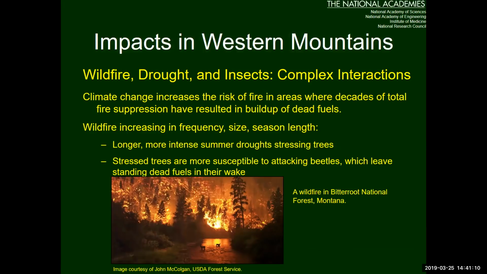And then at that point, they serve as dead fuel for wildfires. So this is one example of complex interactions of climate change affecting wintertime temperatures and summertime rainfall, influencing the vulnerability of trees to drought and to attack by insects that are no longer kept partially in check by temperature extremes.